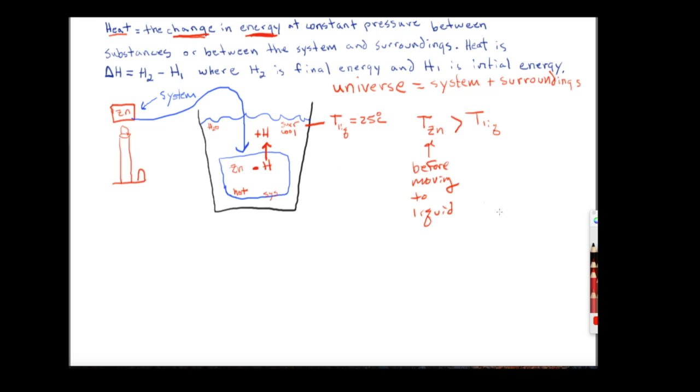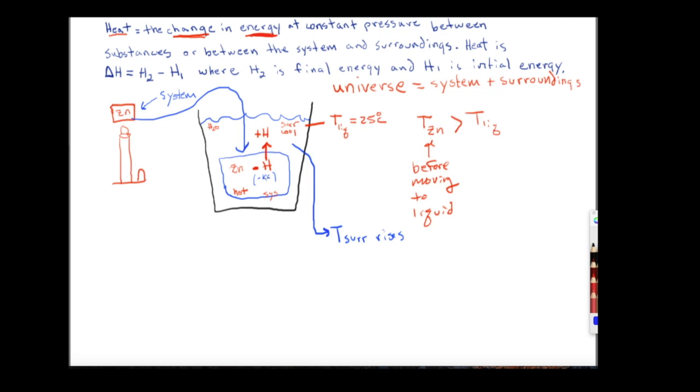So what's going to happen out here in the surroundings is that the T of the surroundings is going to rise. So T surroundings rises. It has to go up, right? Because you've taken this hot piece of zinc, you put it in there, energy is transferred. If it makes you more comfortable, remember that the zinc metal itself is going to be at a higher kinetic energy.